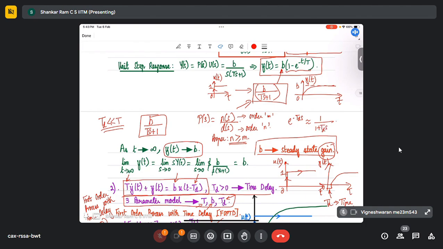But what experience has shown is that the Pade approximation is more accurate. Of course, even these are first order approximations, valid only when TD is sufficiently small. Otherwise I need to use higher powers, right?